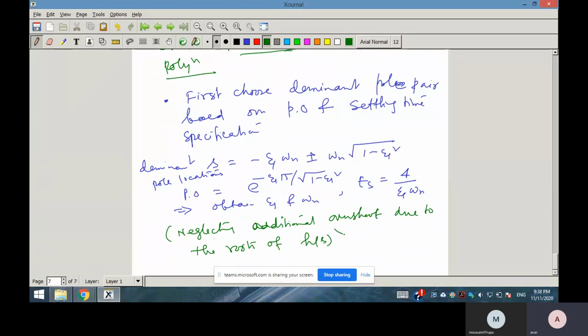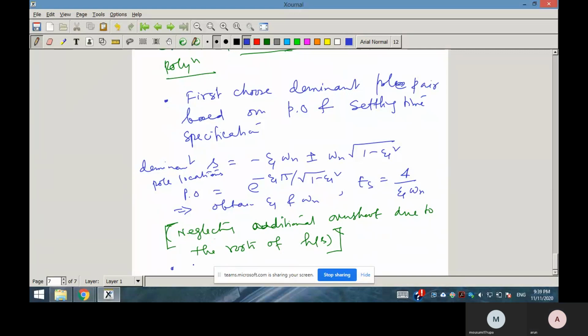That I am not taking into consideration. When we choose this, we are assuming that there will be negligible overshoot due to the choice of h's, but actually you cannot avoid that. But anyway, this dominant pole pair can be an initial choice for the closed loop pole.